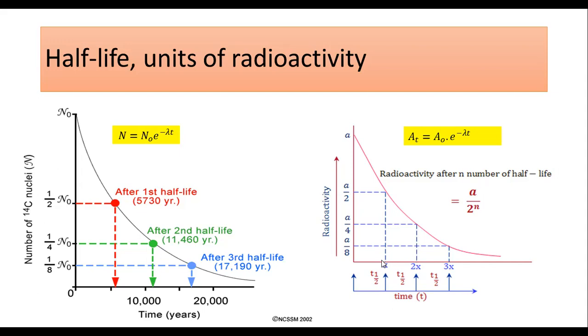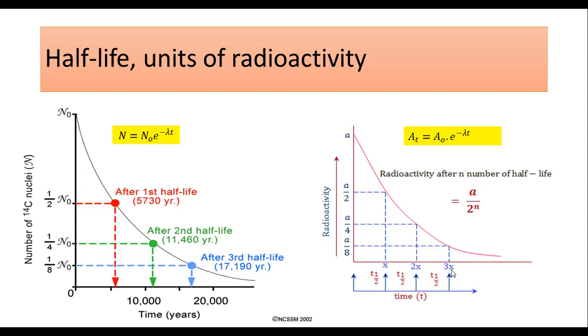X means any value over here, it may be 10. Then 2x means it is a multiple of 10, that means it should be 20. And when you further halve this activity, A divided by 4 divided by 2, this will be A divided by 8. And the time at which this occurs is also called the half-life. And this is the multiple of this, because this is the third half-life.